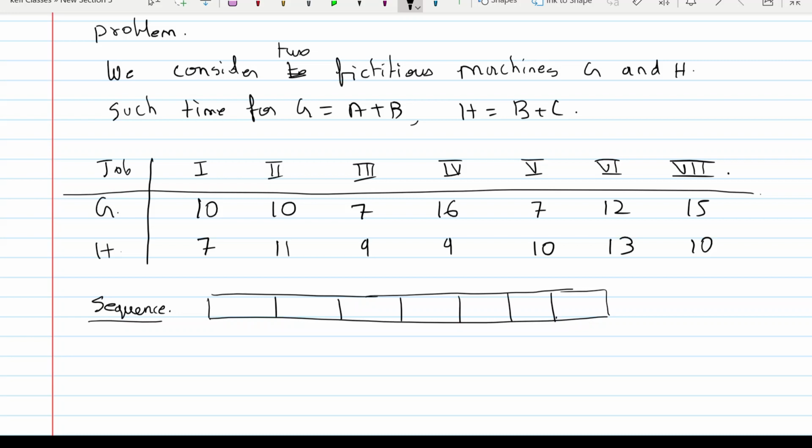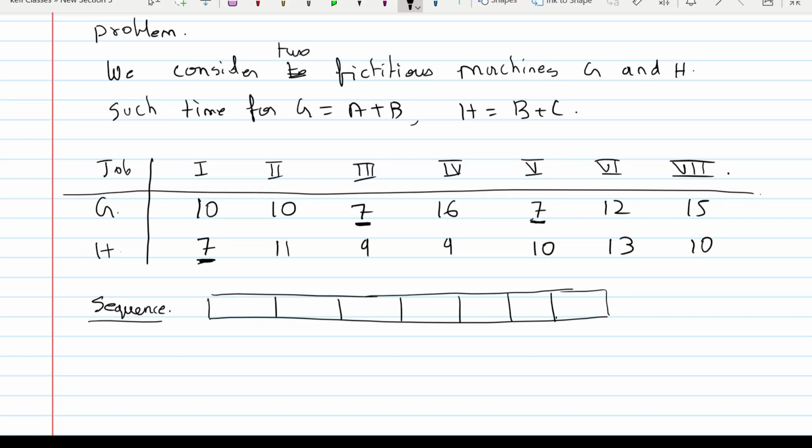Find the sequence for these two machines. Which one is the lowest? 7. So this one is lowest, this one is also lowest, and this one is also lowest.